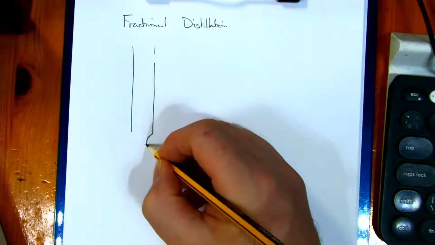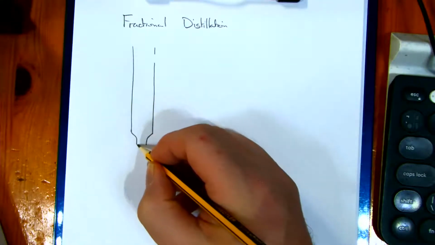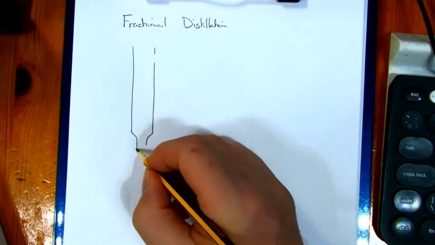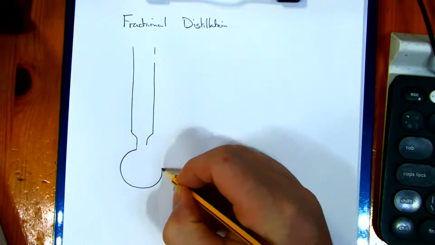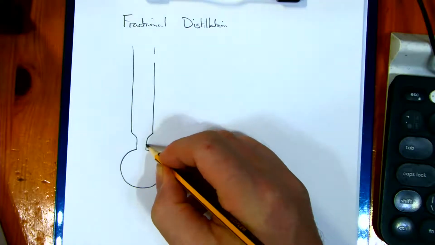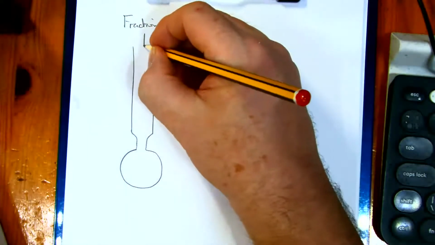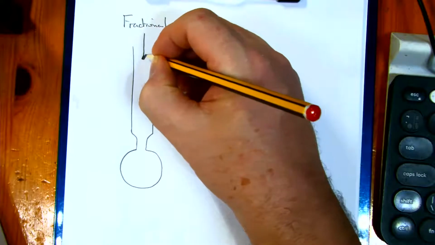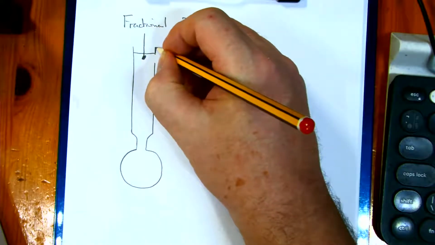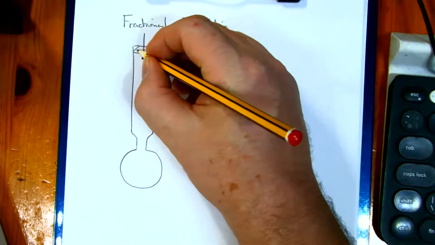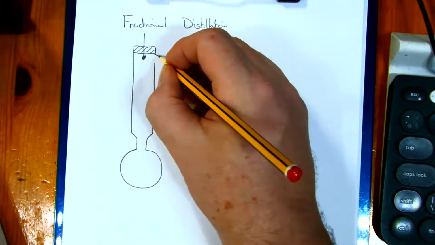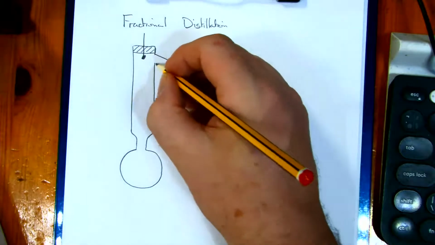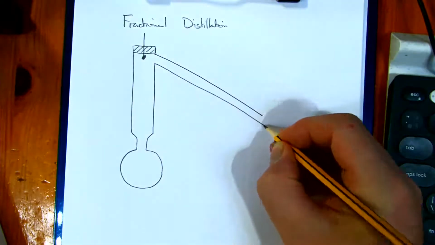So here's my fractionating column. It's going to connect to my round bottom flask. And into this fractionating column, I'm going to put a thermometer. So let's seal the end. And we're going to pass this out to a condenser again.